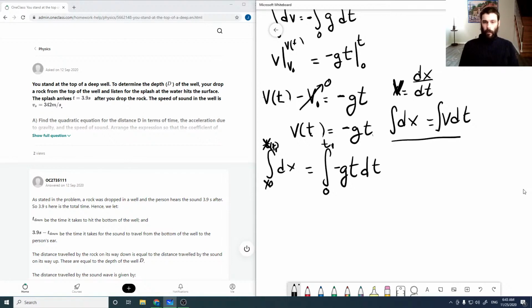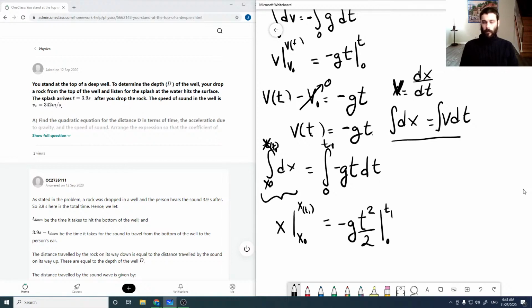And now the integral on the left is just going to be x from x0 to x of t1, and that's going to equal minus g, so the integral of t dt, so the power rule is you put it up by 1 and then divide by the power, so it's going to be t squared over 2 from 0 to t1.